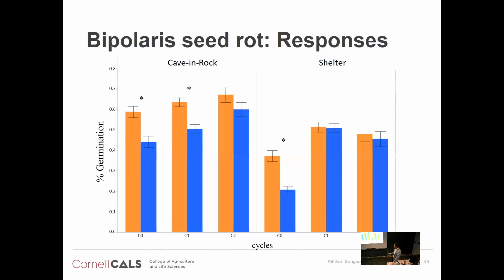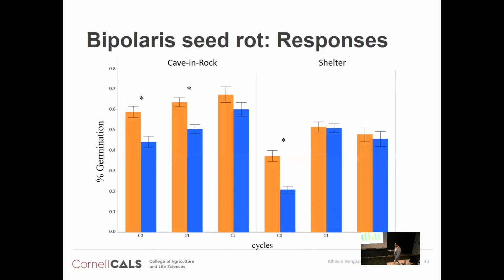As you can see here, for the base cycle, cycle 0, which was never selected before, there is a significant difference between control and inoculated, with the inoculated having a reduction in germination. The difference still persists in cycle 1.